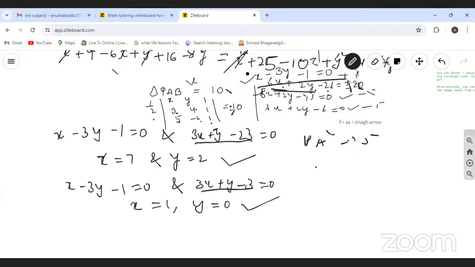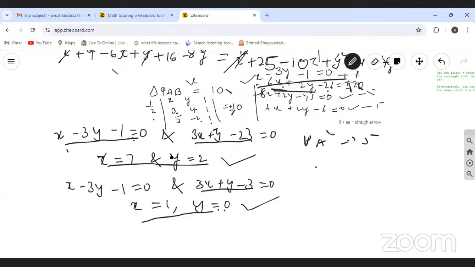Before that, from PA square is equal to PB square, we got one equation, that is x minus 3y minus 1 is equal to 0. If you solve the first and second equations, you will get x is equal to 7, y equal to 2. In the same way, if you solve the first and third equations, that is x minus 3y minus 1 is equal to 0 and 3x plus y minus 3 is equal to 0, you will get x is equal to 1, y equal to 0.